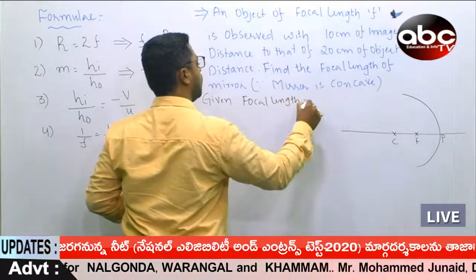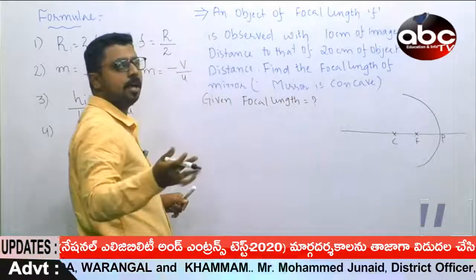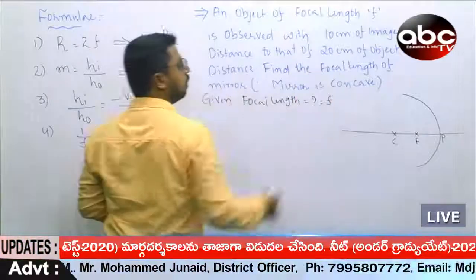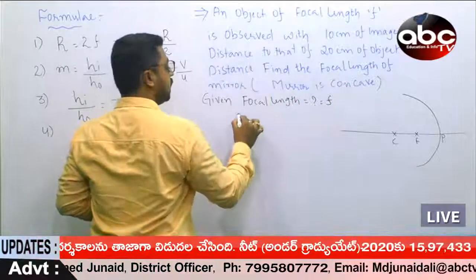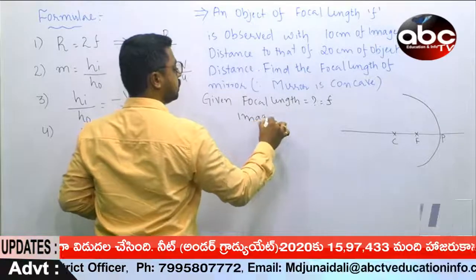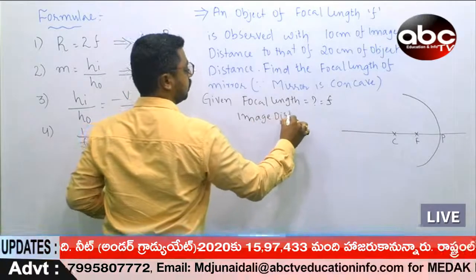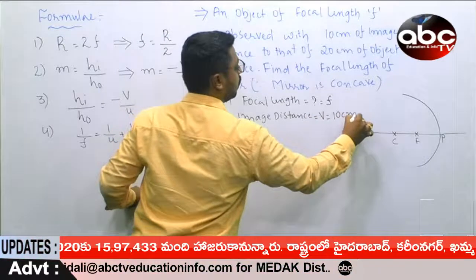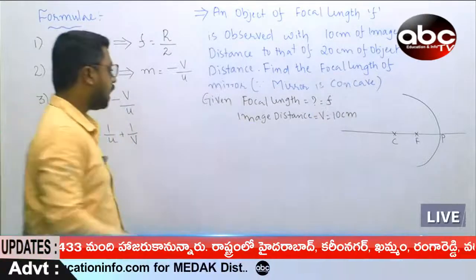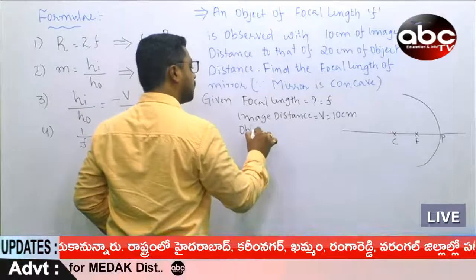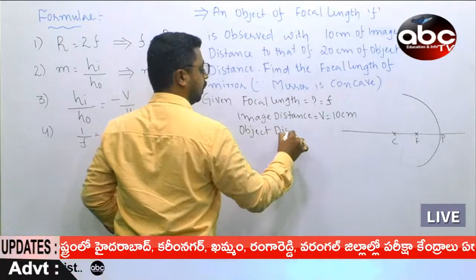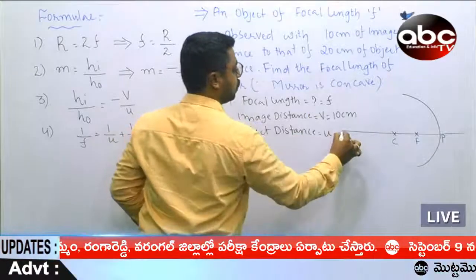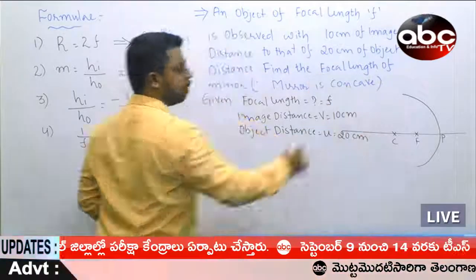Focal length is equal to question mark అంటే f అనేది మనం ఫైండ్ అవుట్ చేయాలి. Whereas image distance ఎంతమ్మా 10 centimeters. Image distance v is equal to 10 centimeters. Whereas object distance ఎంత ఇక్కడ, u is equal to 20 centimeters.